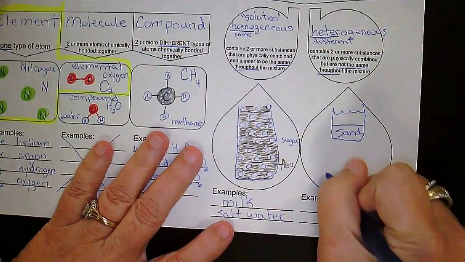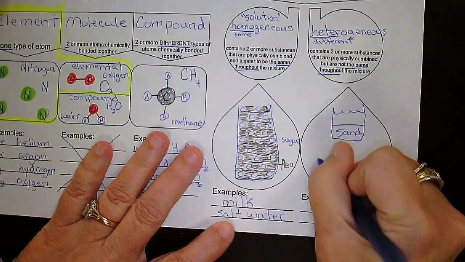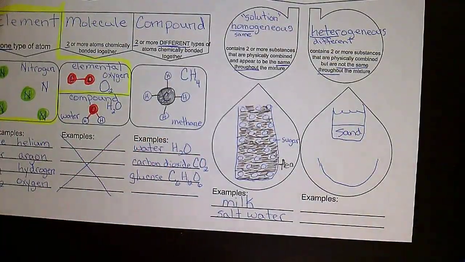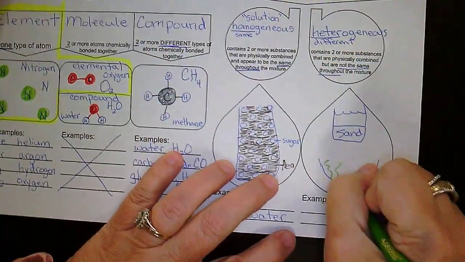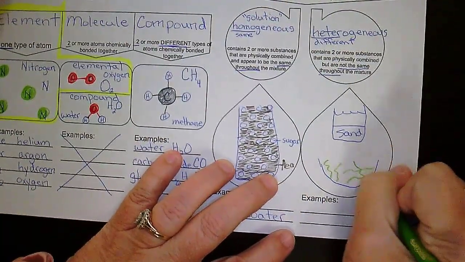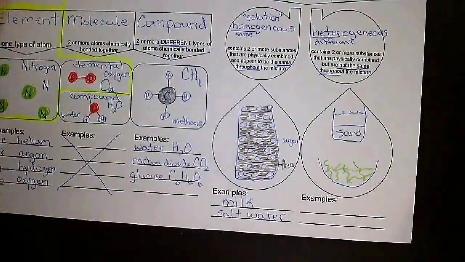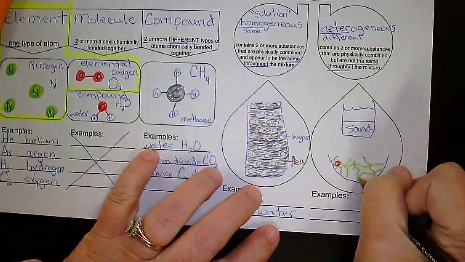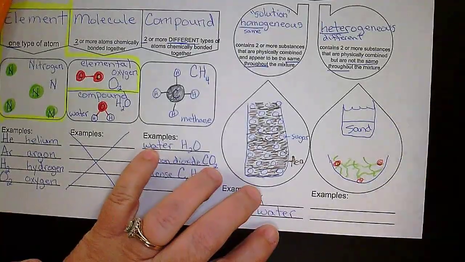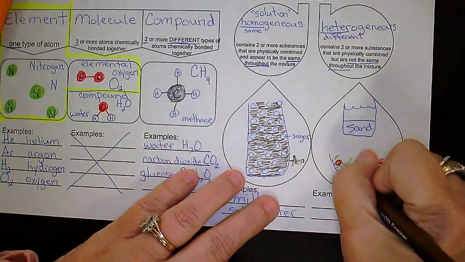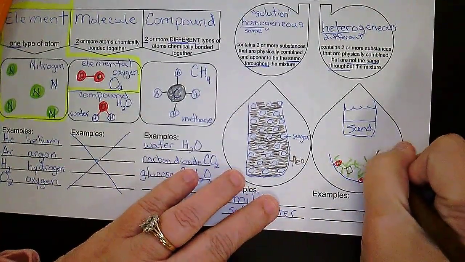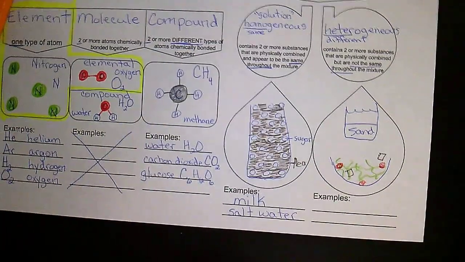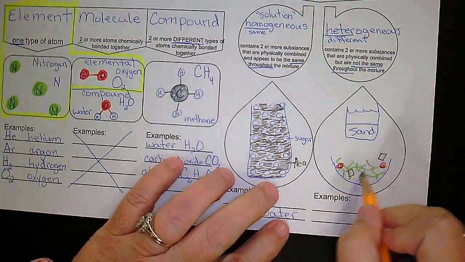If I were to have a bowl of salad, I might have some lettuce, lots of lettuce. I might have some tomatoes. Right. I might have some croutons. Might have some cheese, whatever. Okay, I got all this stuff in here, right? And here's some cheese.